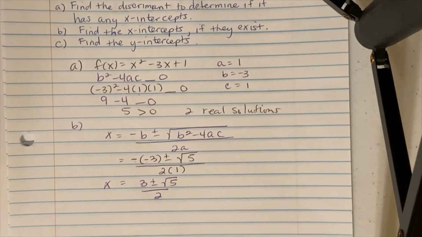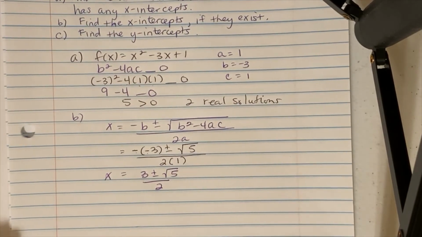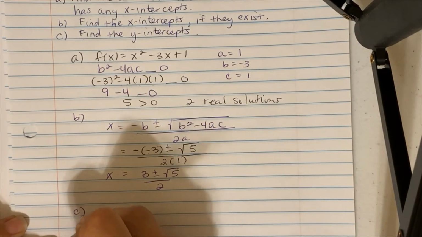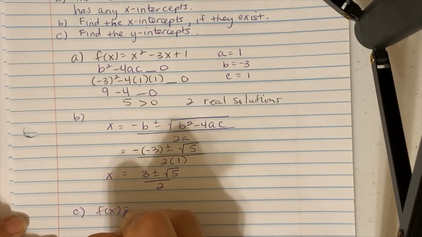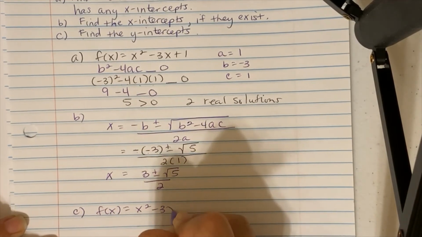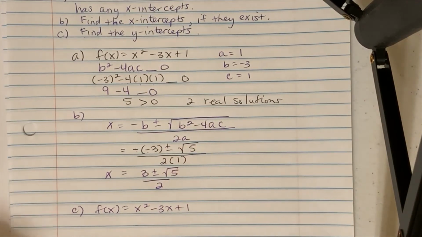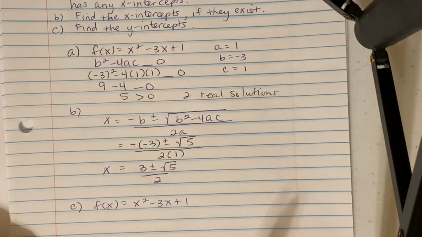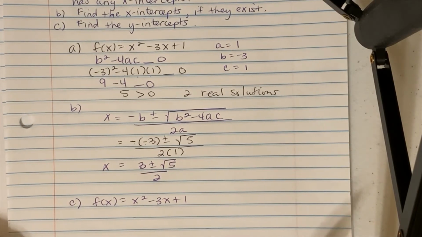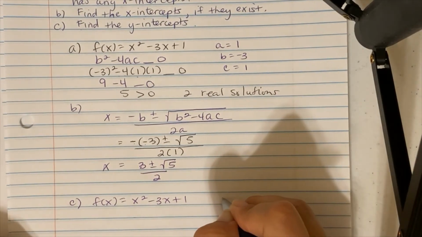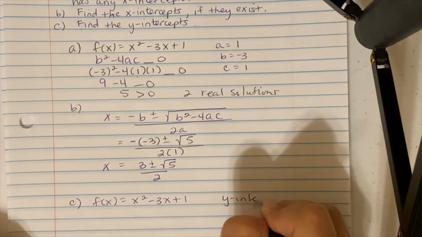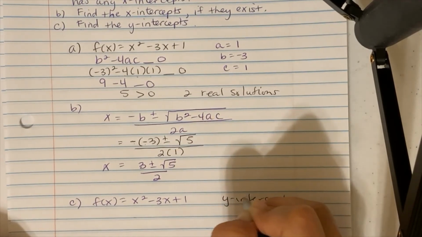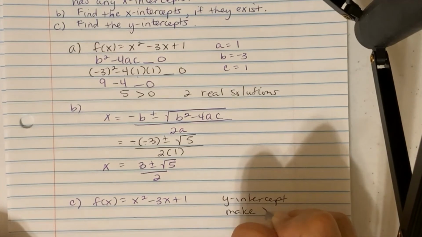Then part C says find your y-intercepts. So you take your original equation, which says f of x equals x squared minus 3x plus 1. And remember back in chapter 2, chapter 3, when we were talking about graphing linear equations, to find the y-intercept, you're going to make the x values equal to 0.